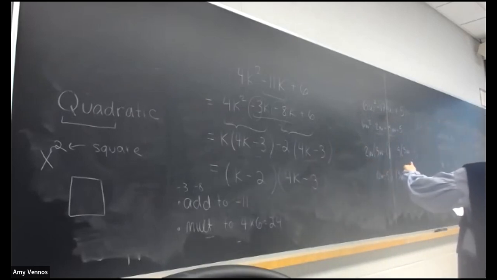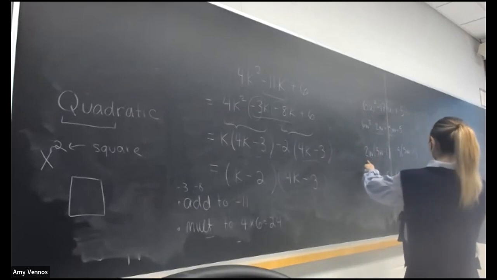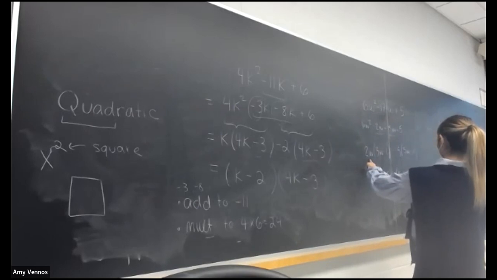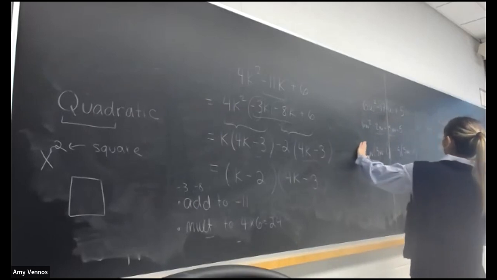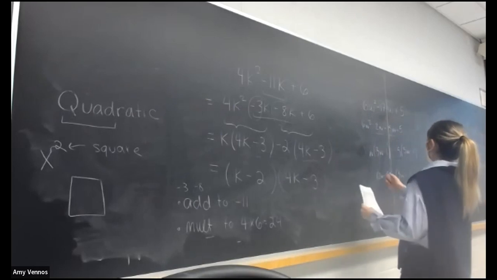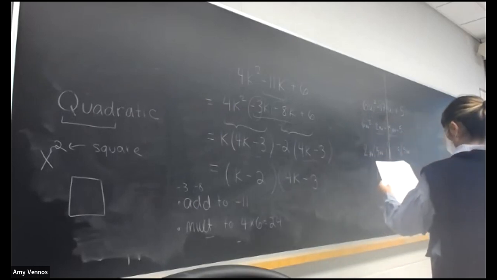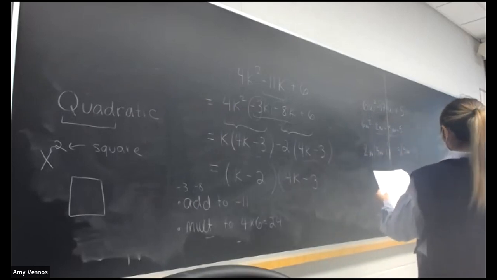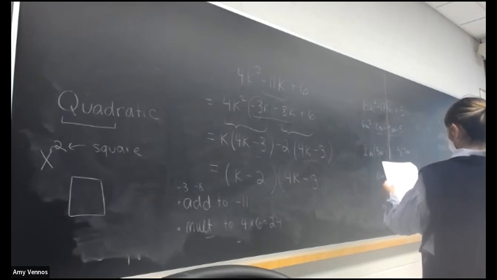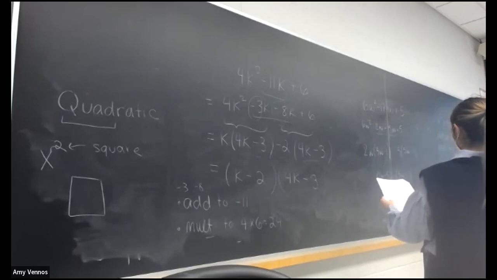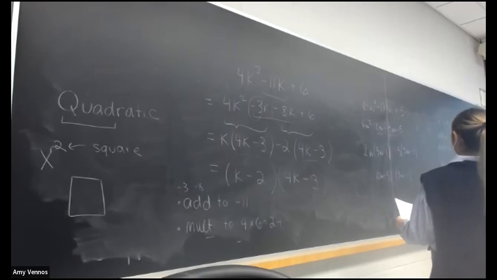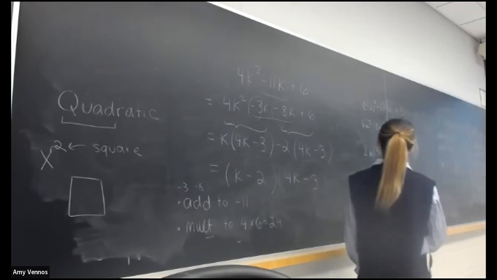For the 2w, wouldn't that be 3 or is that 2? The 2w. Yes. Wait, no. It's still two. Let me just do a little check here. I did mine in a little different way. 2w, 3w minus 1. Three goes into six, right? And three goes into 15.